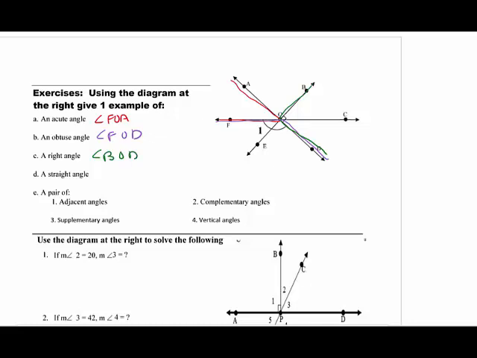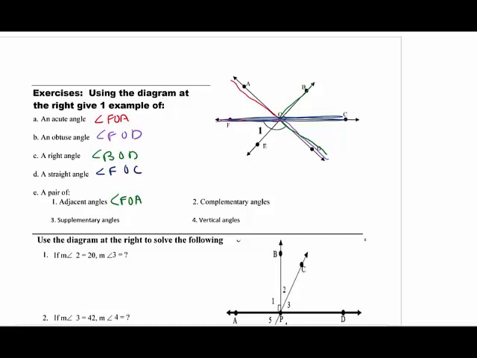A straight angle would be creating a straight line. I could use any of these three straight lines. I could go straight across here, which would be angle FOC, starting at F, O, and then C. For a pair of adjacent angles, which remember means they're touching, I'm going to use FOA.